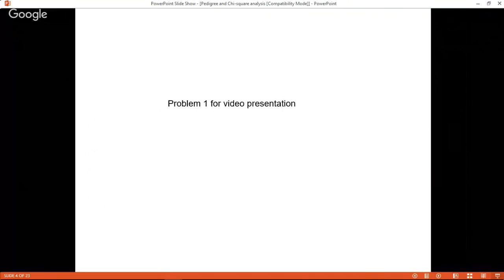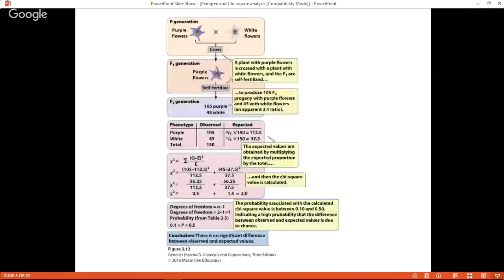Okay, now that I've given you the definitions and descriptions, I'm now going to try to explain it to you. Here we have the P generation, which is the parental generation. We have the purple flower, which is homozygous dominant, crossed with the white flower, which is homozygous recessive.